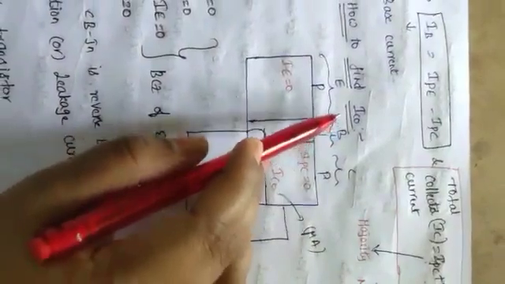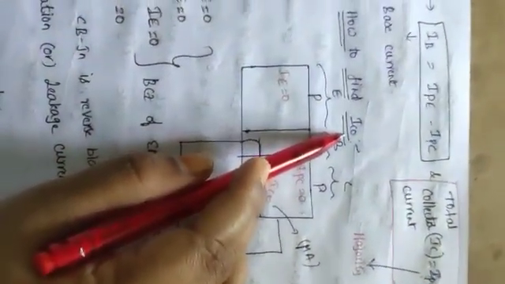Sometimes we need to find ICO, the reverse leakage current.